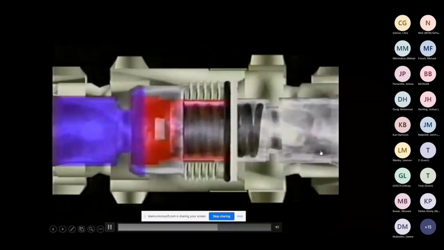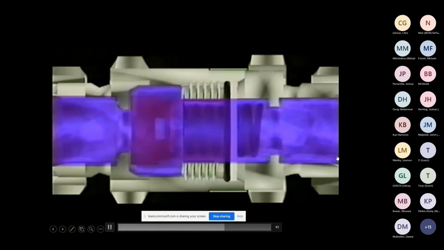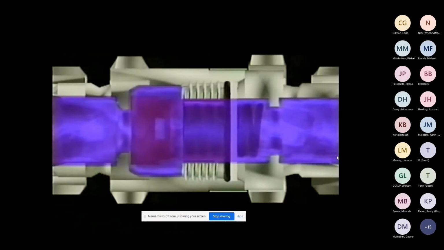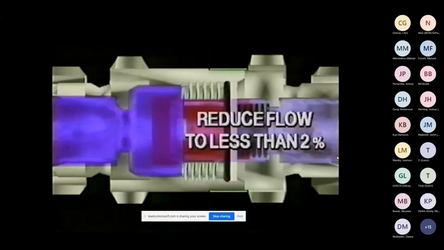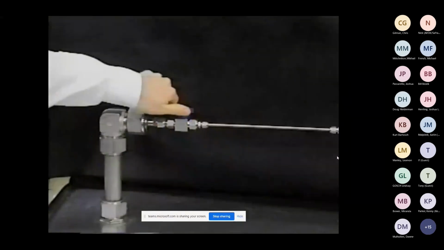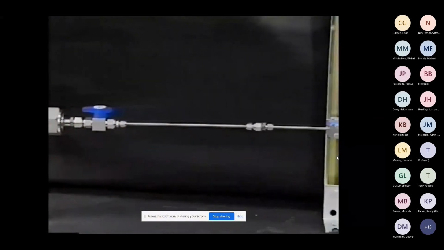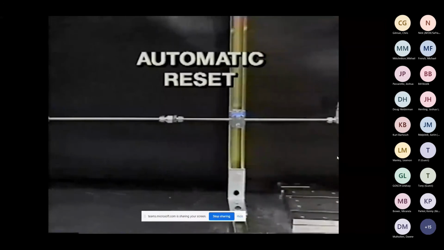When flow exceeds the XS Series trip range, as in a line break, the pressure drop created across it immediately moves the poppet to the trip position, reducing the flow to less than 2% of the trip flow rate. When the system is repaired, the XS Series valve automatically resets to its normally open position.